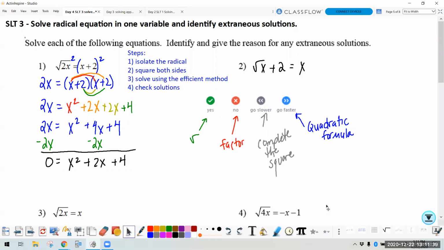All right, so just like last week, I want to know which method we would use to solve. Click the green check mark if you think it's square root method, the red X for factoring, the go slower for complete the square, and the blue go faster for quadratic formula. If you're not sure, you can give me a thumbs down.